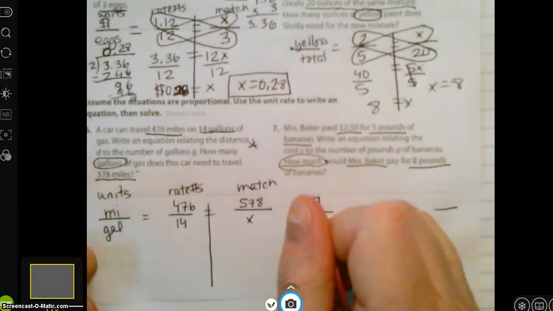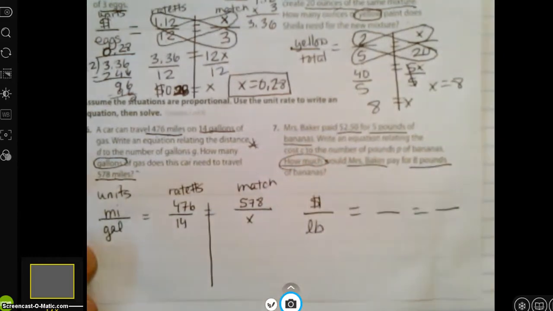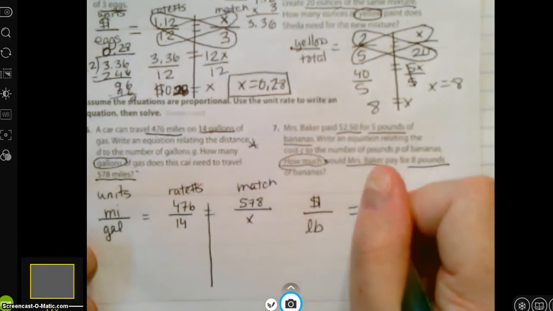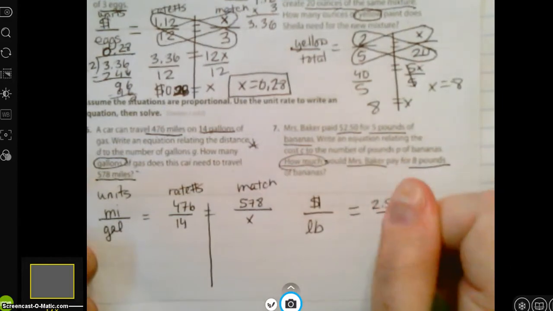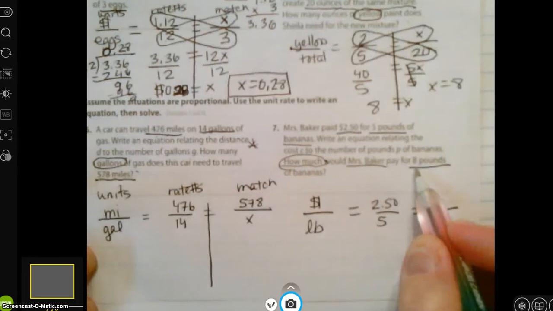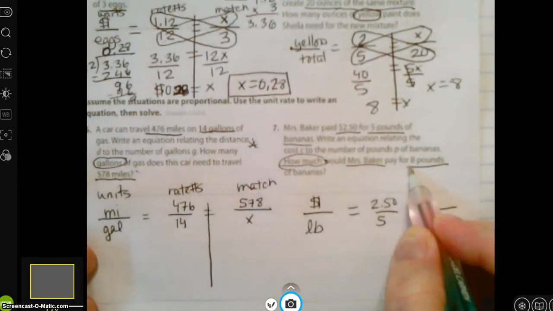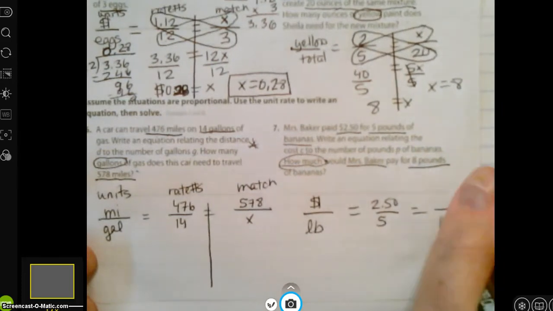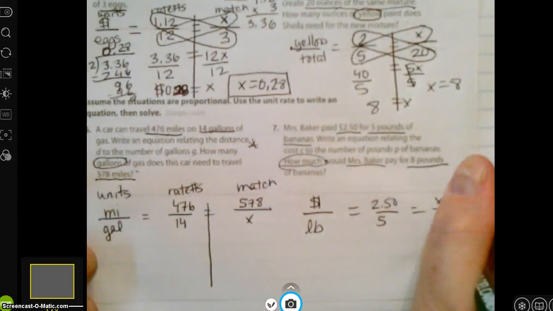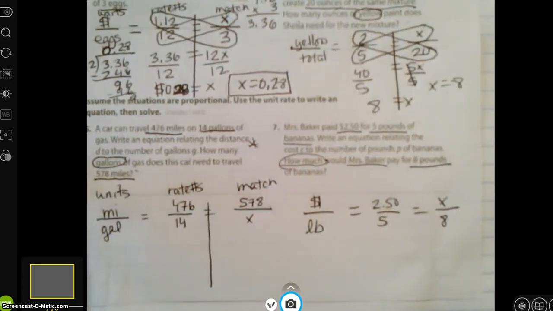Dollars, and LB is for pounds. I won't freak anybody out, it's for pounds. How much? $2.50 for 5 pounds. And hopefully you know 8 pounds. That's going to go down, and I'm looking for cost. So you can try to solve that by yourself.